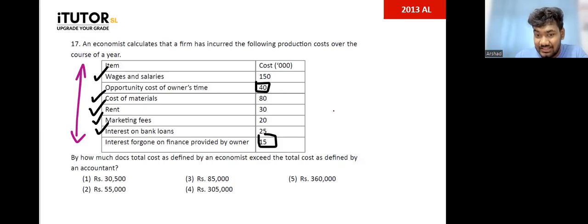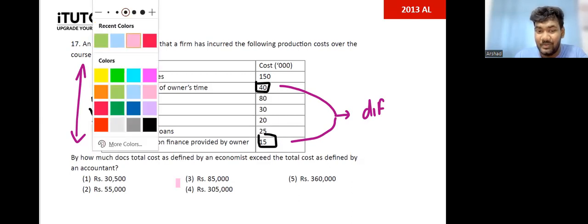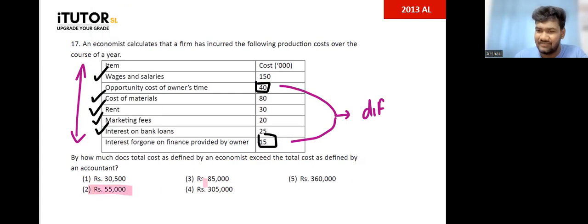So there will be these 2 factors that will cause a difference, because the accountant does not take this and does not take this. So what is the difference, guys? 40,000 plus the 15,000 is 55,000. So the cost calculated by the 2 of them will differ by 55,000. Very easy question, guys. Nothing hard at all.